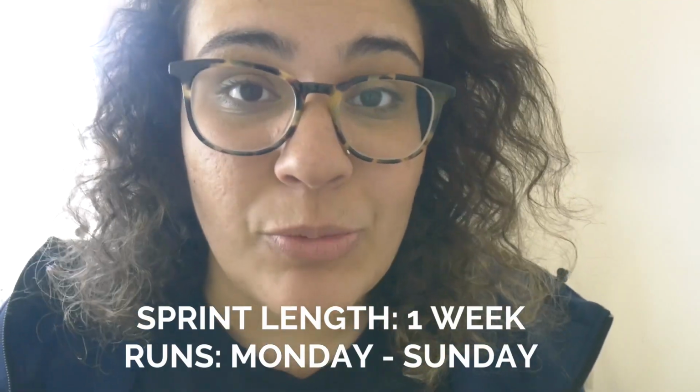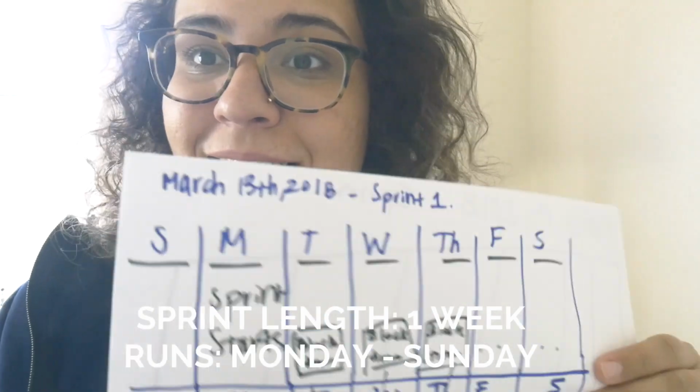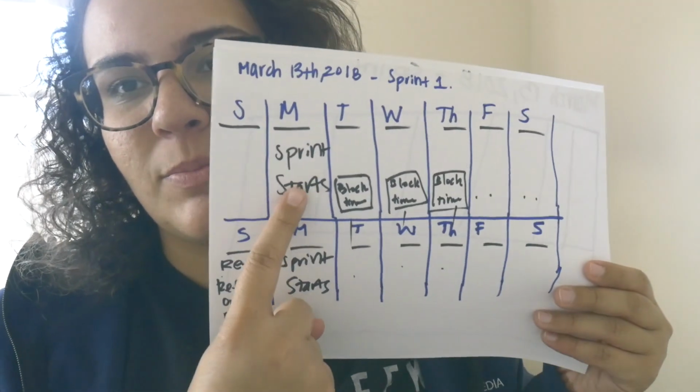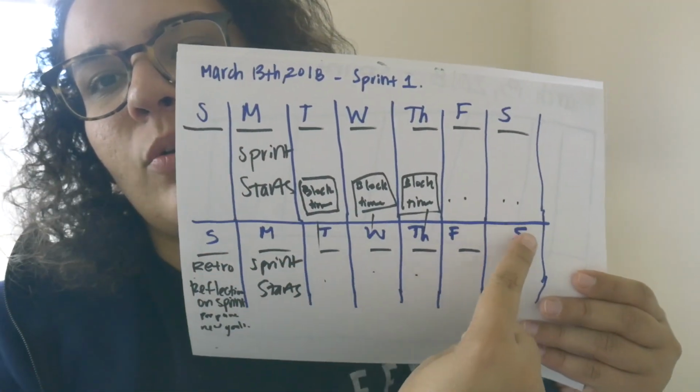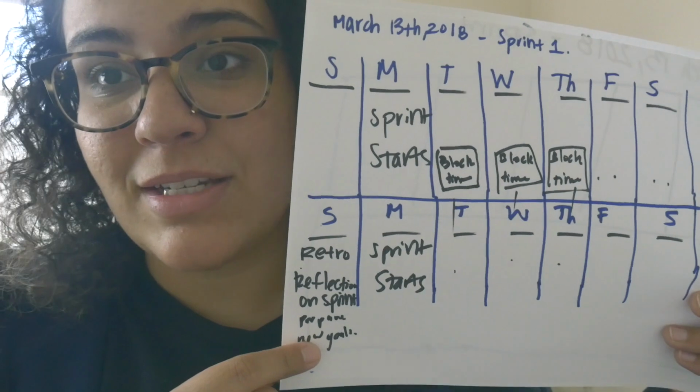So let's do it. One quick thing that I forgot to mention, I'm going to be running 1 week sprints. So this means, as it says right here on this chart, I'll be starting my sprint every week on Monday. Then it'll run for that whole week until the following Sunday.